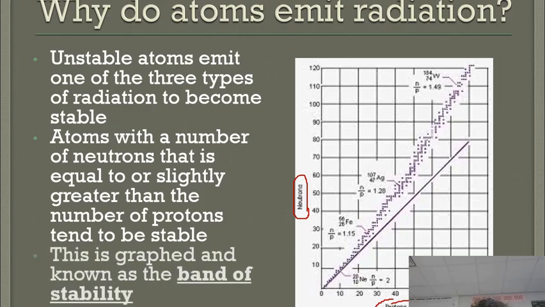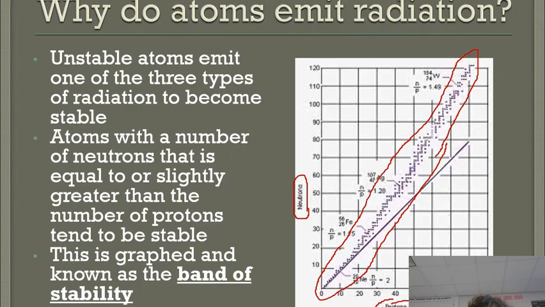So like I just mentioned, this area right here is called the band of stability. All of these are isotopes that are actually stable. Generally speaking, a 1-to-1 ratio early on when it's a small nucleus, but as it becomes a bigger and bigger nucleus, you need more and more neutrons.